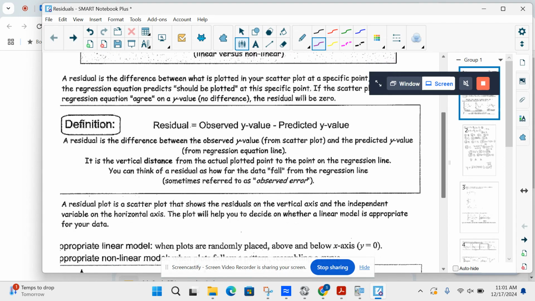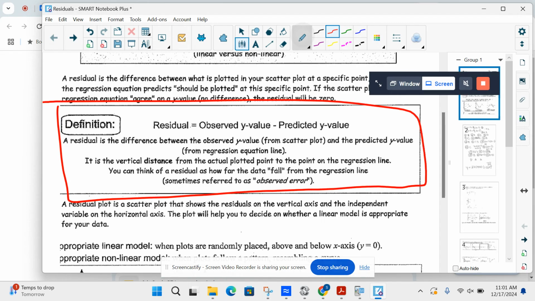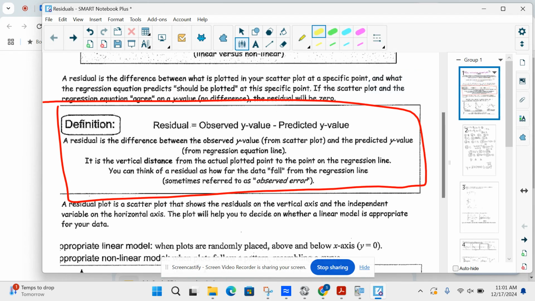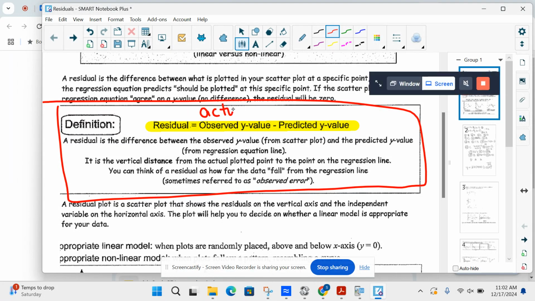So the definition of residual, I would definitely box this and star it and highlight this. A residual is your observed y value minus your predicted y value. By observed, they mean what was in your data, so the actual value that you got from your table.